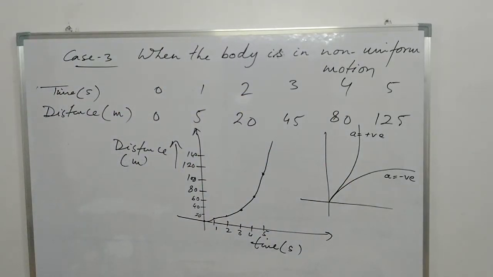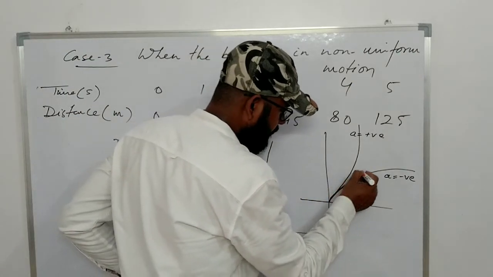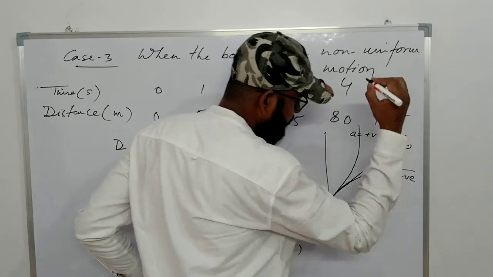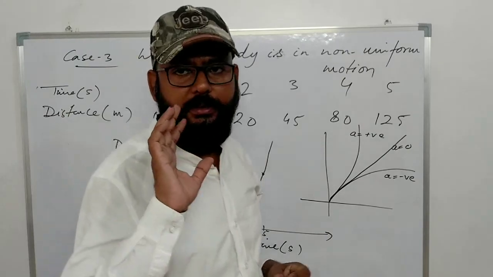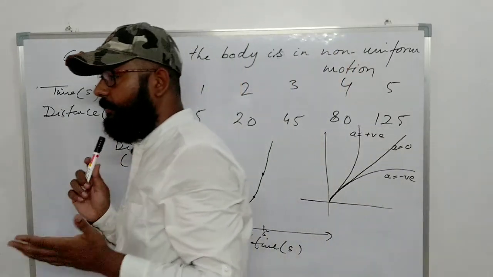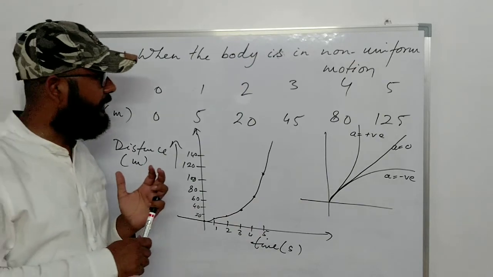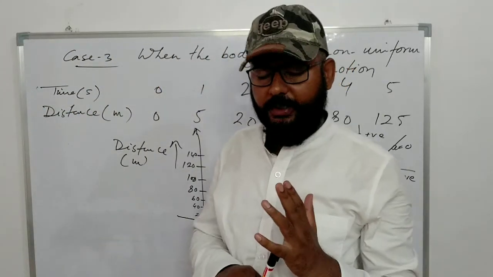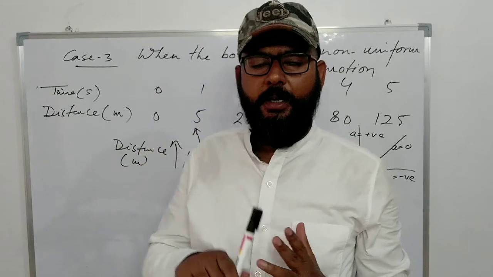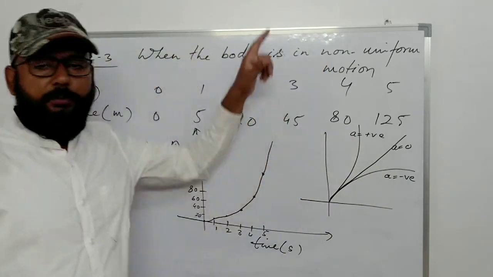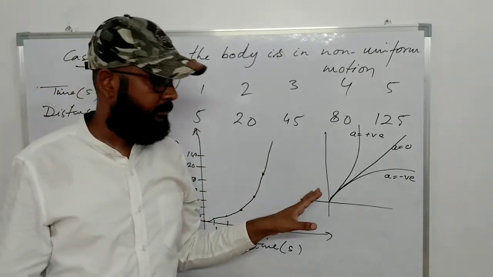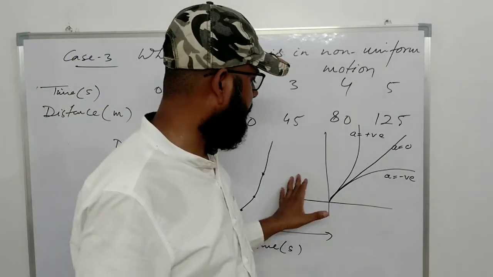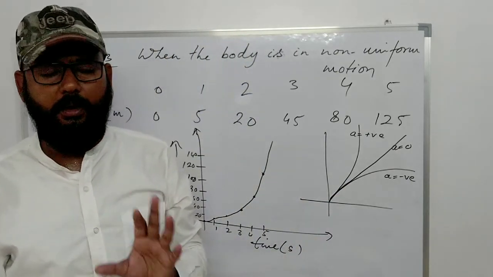And the distance-time graph is a straight line when acceleration is 0. So in the distance-time graph there are 3 cases. First is when the body is at rest, second is uniform motion, and third is non-uniform motion. By the distance-time graph you can find the speed of the object.